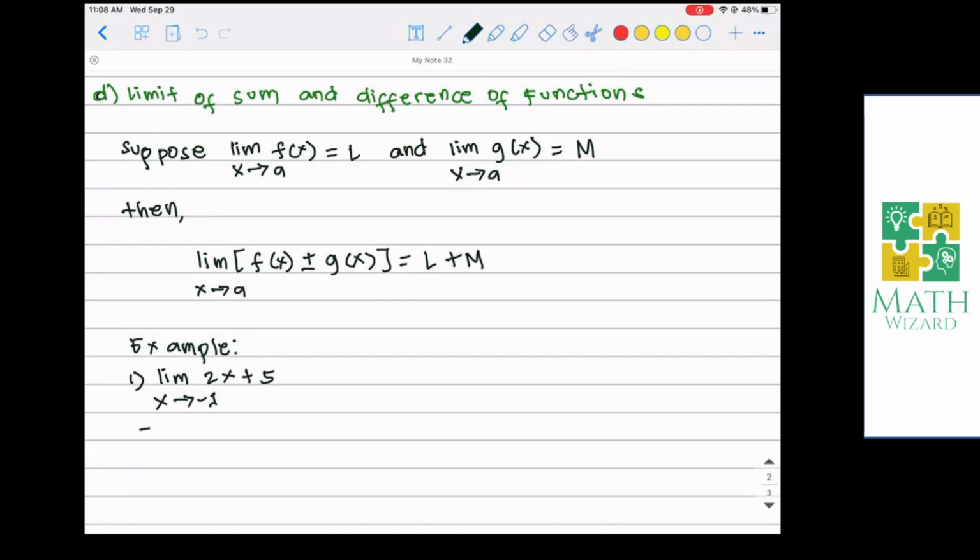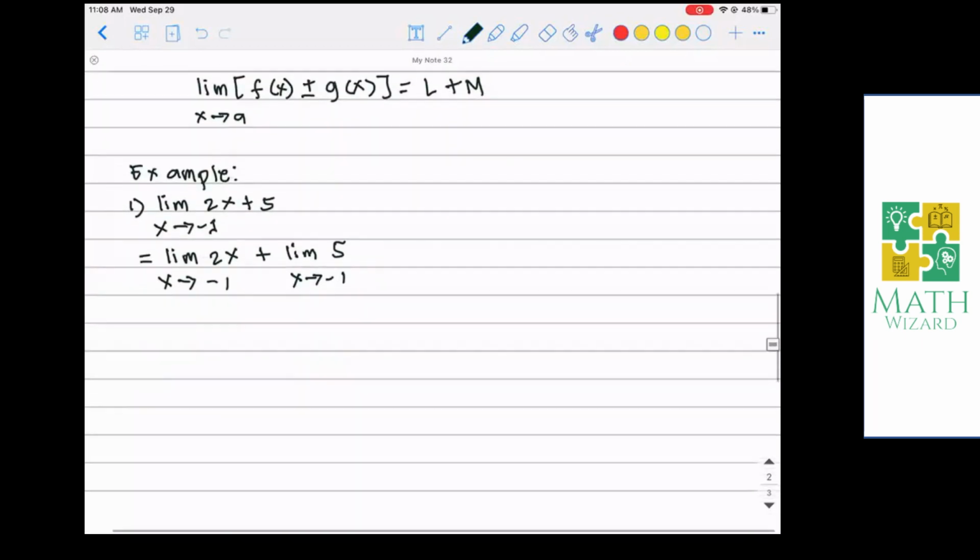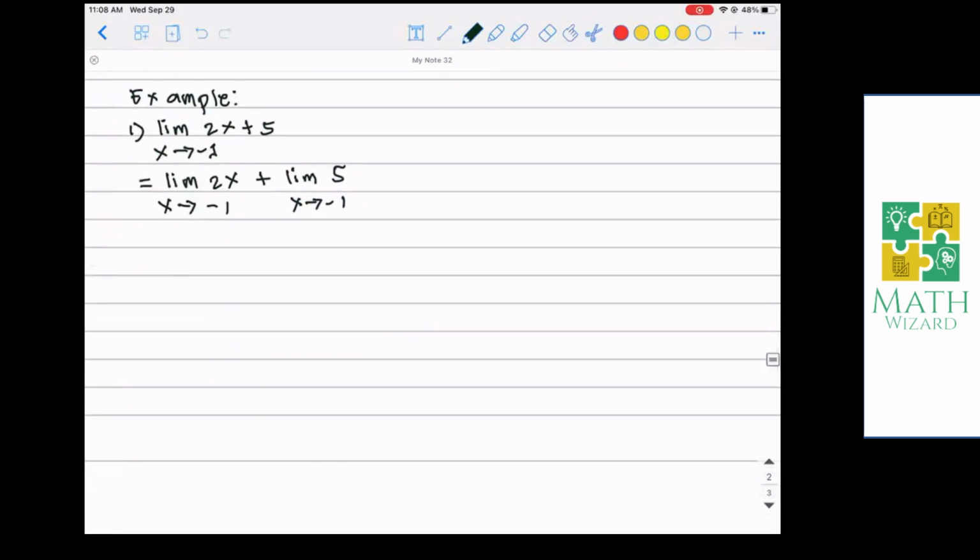So this becomes the limit of 2x as x approaches to negative 1 plus the limit of 5 as x approaches to negative 1. So, separate lang natin with the use of operation, which is the addition. And then, solve na natin.